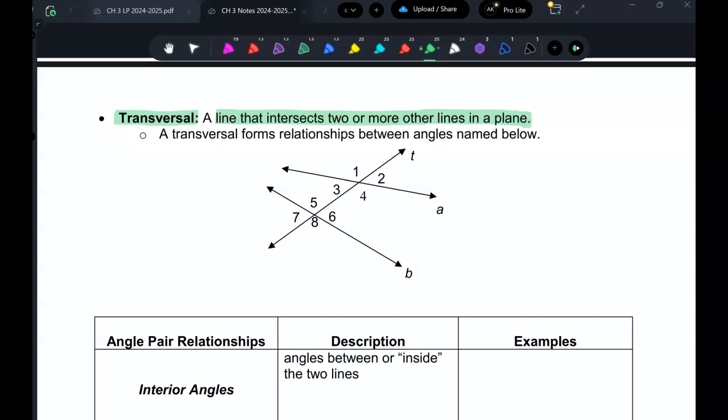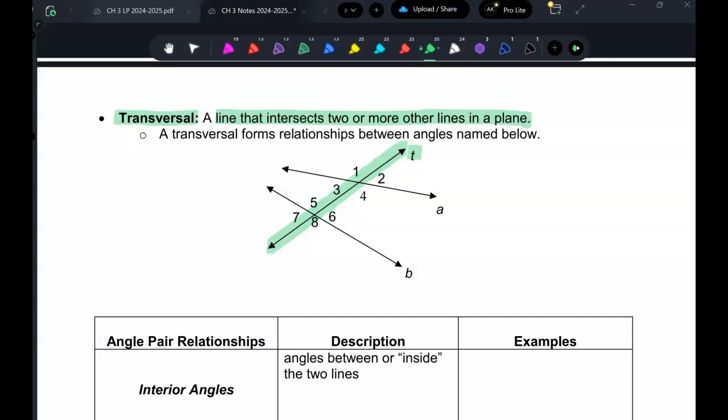the names today. Okay, so the transversal in this case is T. It's not always going to be called T. It just so happened I named it T in this case. So if I have two lines, I have created 8 different angles, okay?